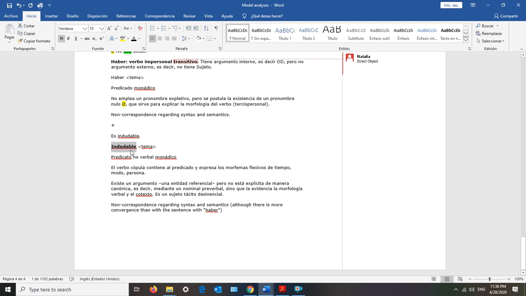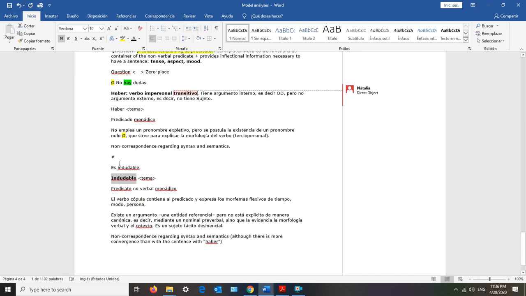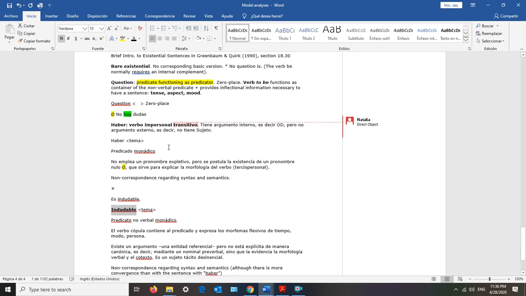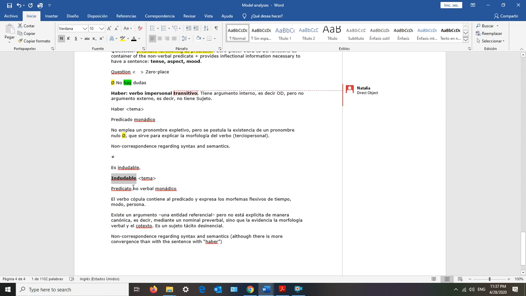Therefore, indudable is a one-place predicate, unlike question, which is zero place. So this one is one place. So this is where the similarity comes in.